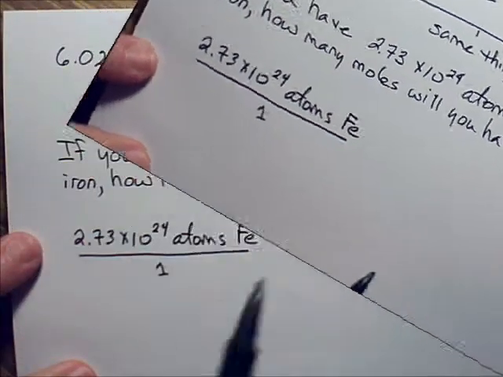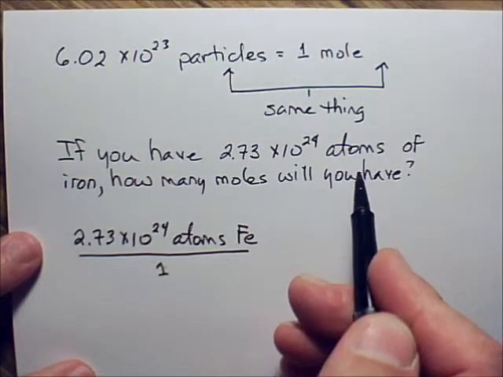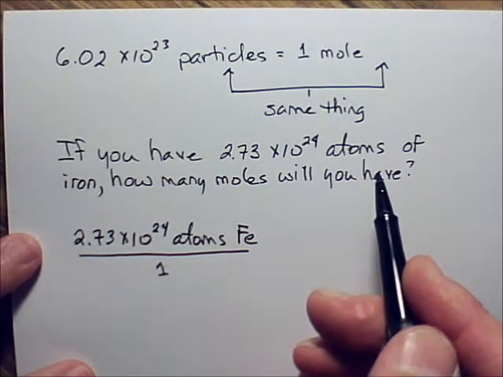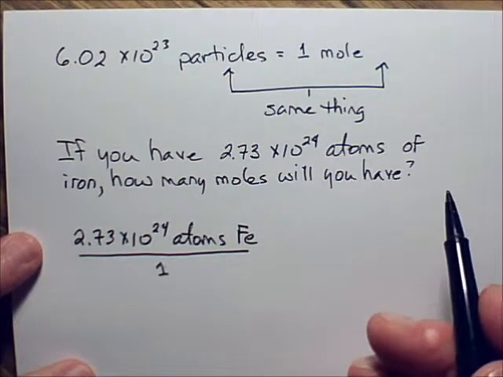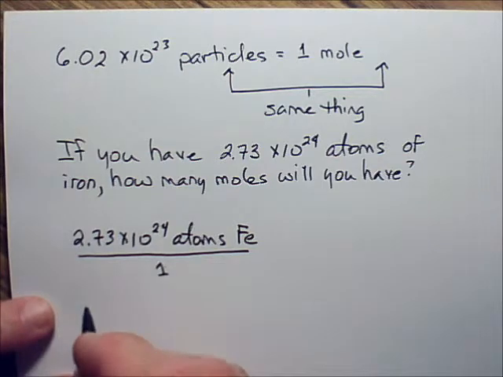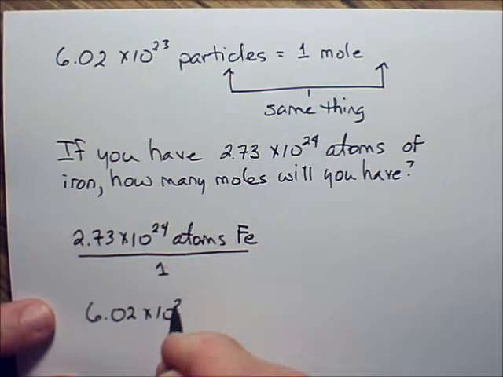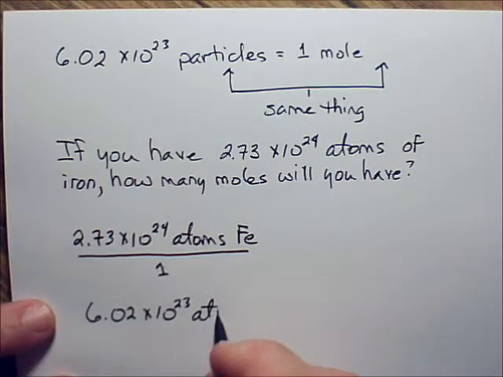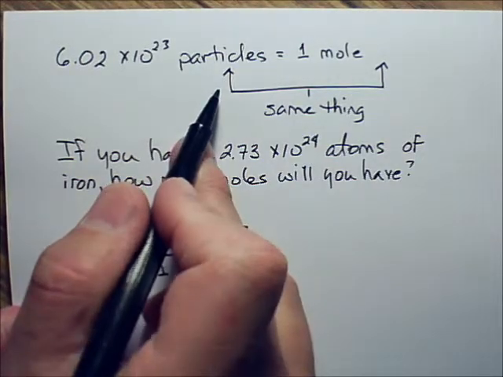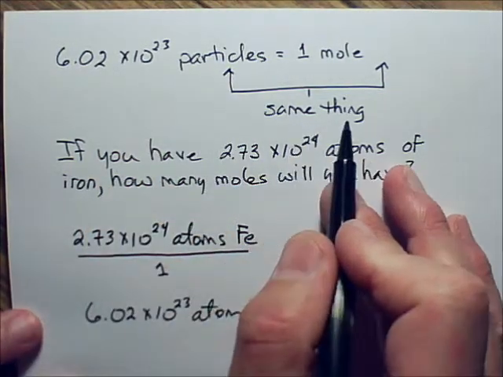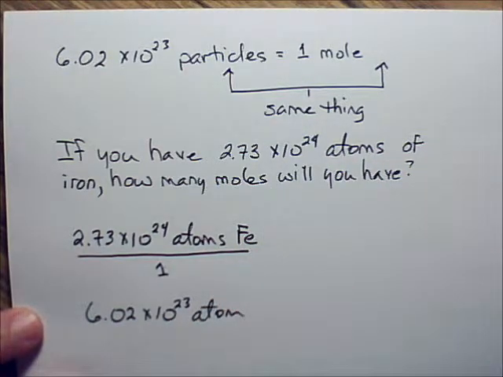Dorman High School students, since we're talking about atoms, can atoms be particles? Yes, I just said so. Atoms can be particles. So we're going to say 6.02 times 10 to the 23rd atoms. There's our particle. The thing here is what? Iron.